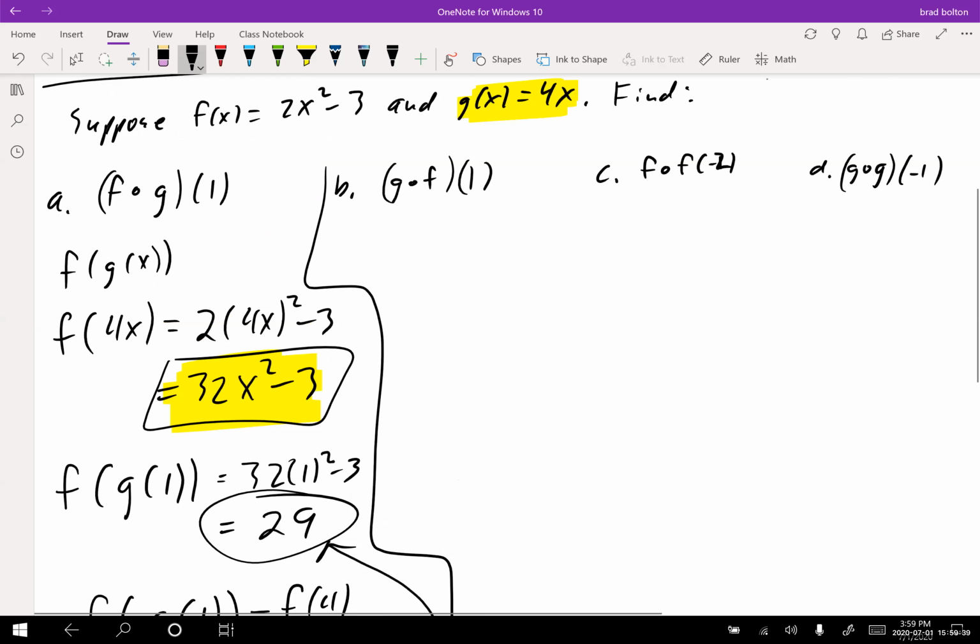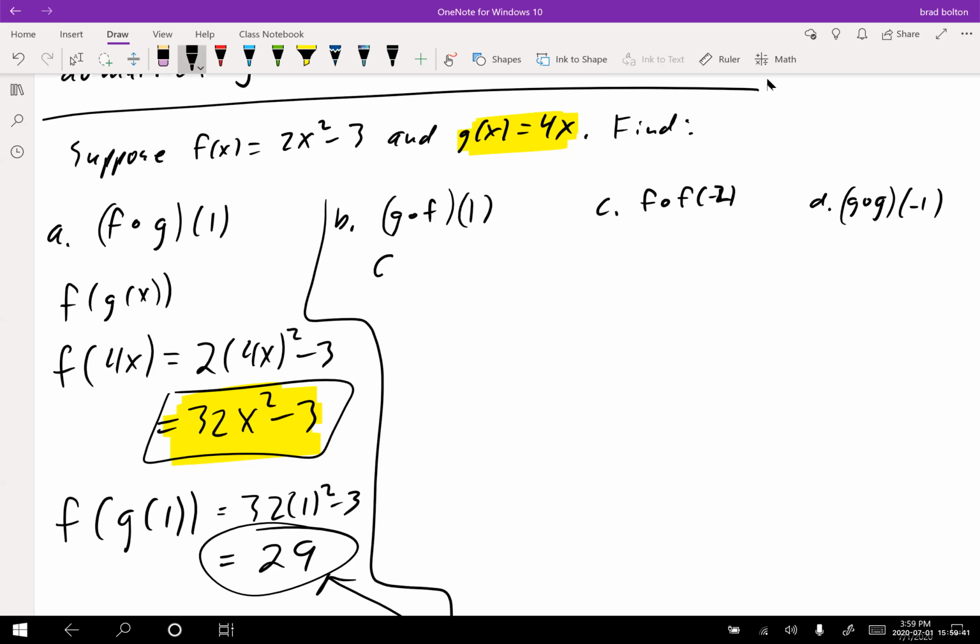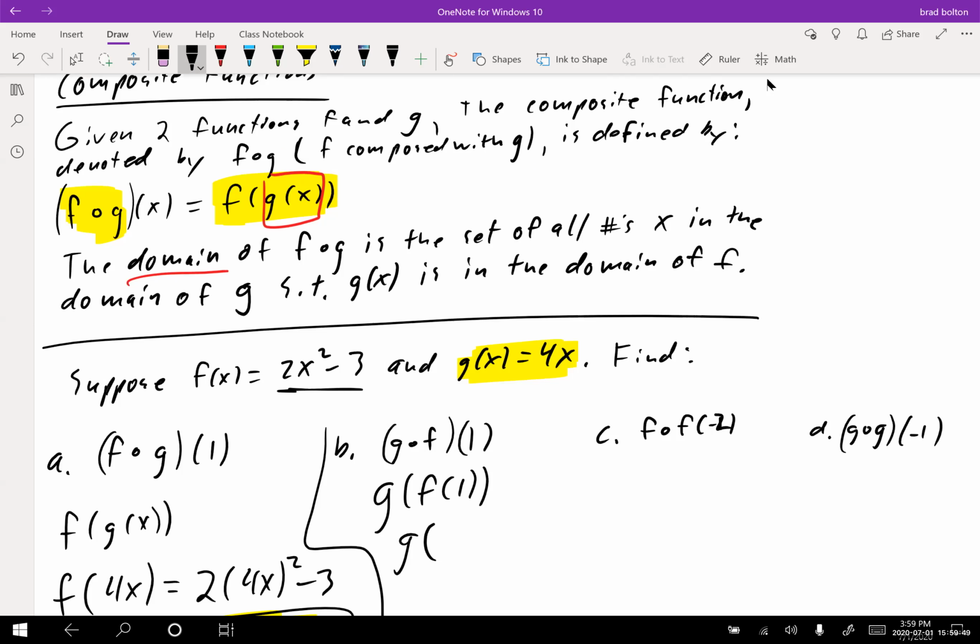So let's look at this one. We'll do it the faster way this time. I'm going to do g of f of 1. That means I'm going to take 1 and plug it into f. So I go right here and plug 1 in there. That'll be 2 times 1, which is 2, minus 3, which is negative 1. Then it becomes g of negative 1, which now I go right to here, and g of negative 1 becomes 4 times negative 1, which is negative 4.